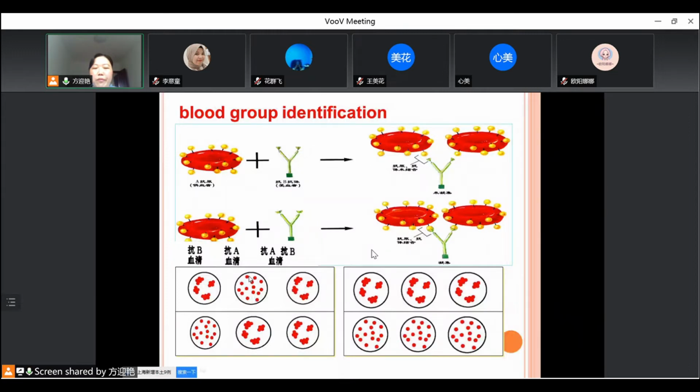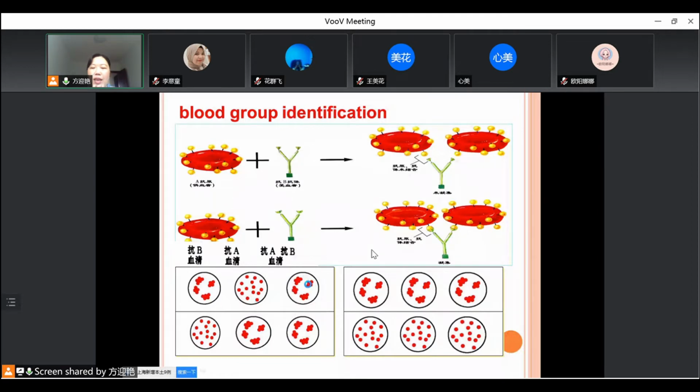We also know the antigen-antibody reactions, and by these reactions we can identify which type of antigens are on the red blood cells.